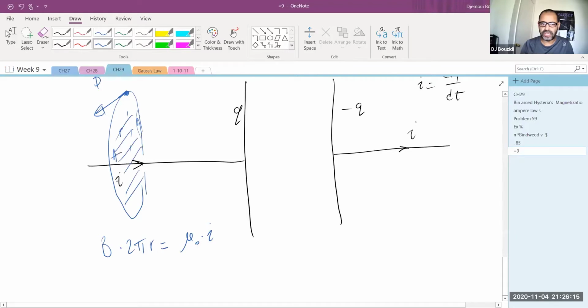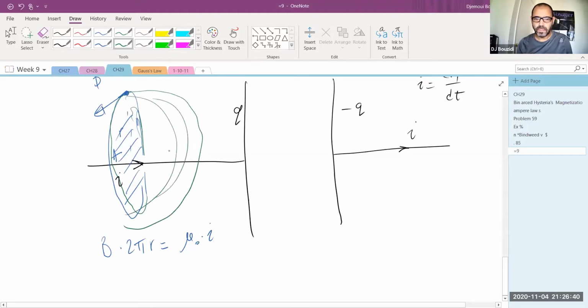So this is the area that you can choose. No problem at this point. If you blow on that surface and keep the ring the same, the magnetic field should not change. So this is the area now we're taking, an inflated version of the first one.